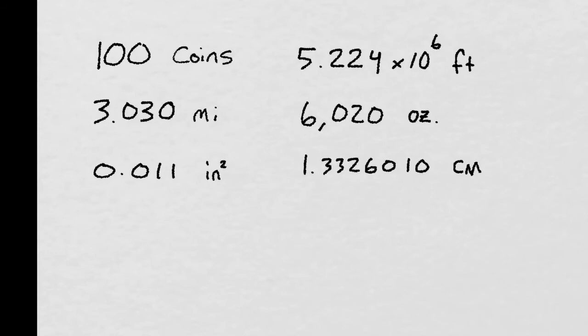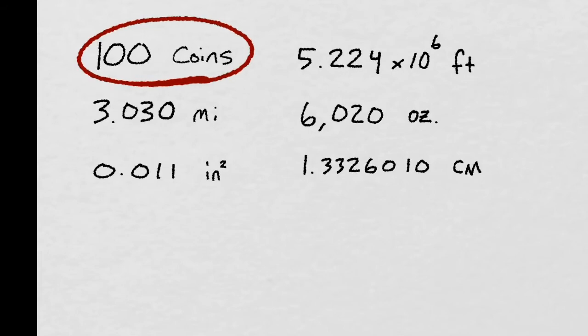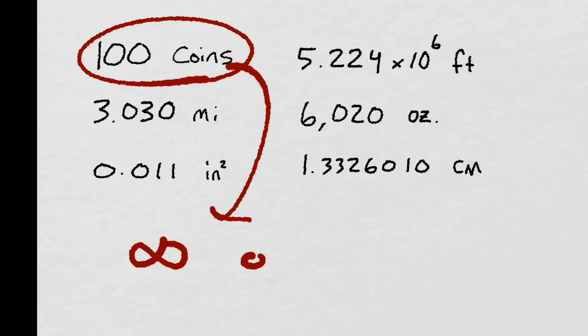And so something that's a count actually has, well, there's two ways you can say it. It either has an infinite number of sig figs, or just an exact number.